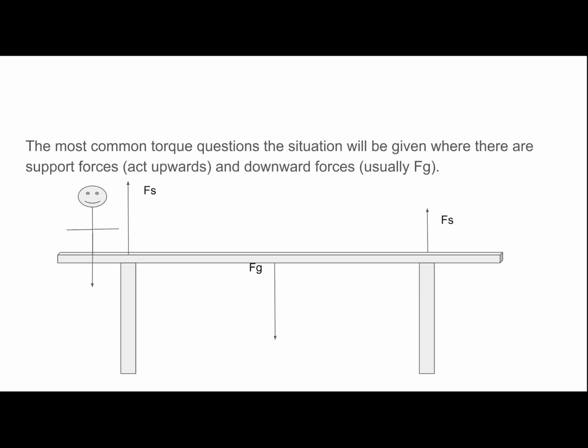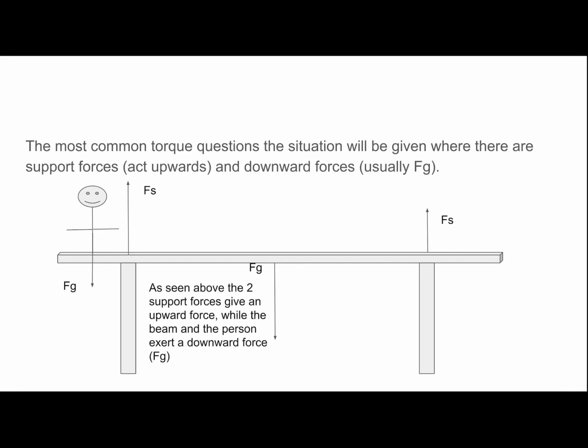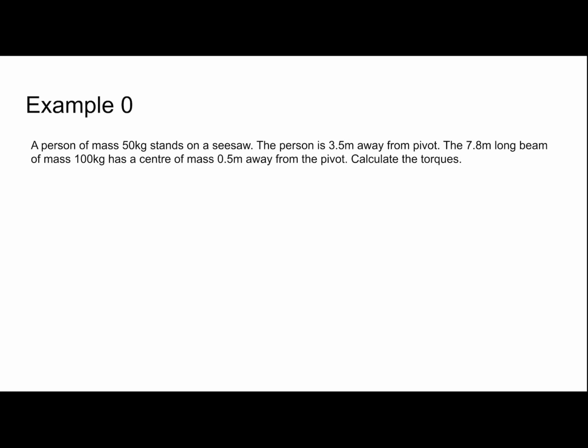Alright, we're going to move into our first example. So just 2 support forces, and then there's a person exerting a downward force. This is example 0. A person of mass 50 kilograms stands on a seesaw. The person is 3.5 meters away from the pivot.